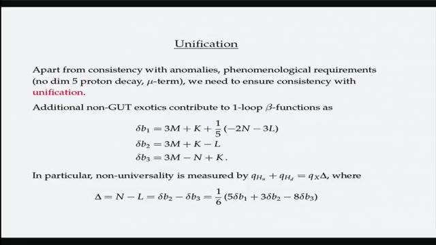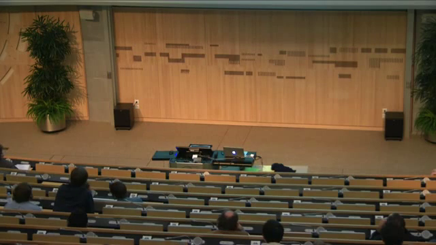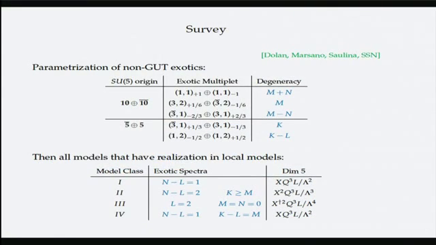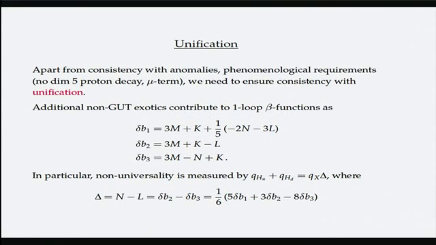Yes, so if we have just GUT multiplets, the beta function running, delta beta 1 up to delta beta 3, are just given in terms of the 10 multiplets and the 5 multiplets, which are M and K. So the M and the K contribution is here. But then there will be additional stuff now, which will be non-universal, right? So that will really tell us how much we're going away from just a minimal GUT scenario.